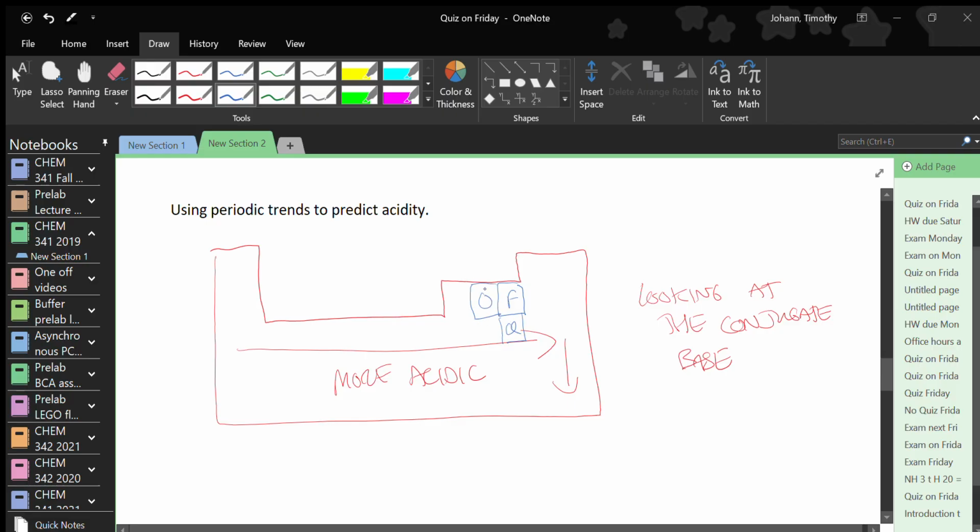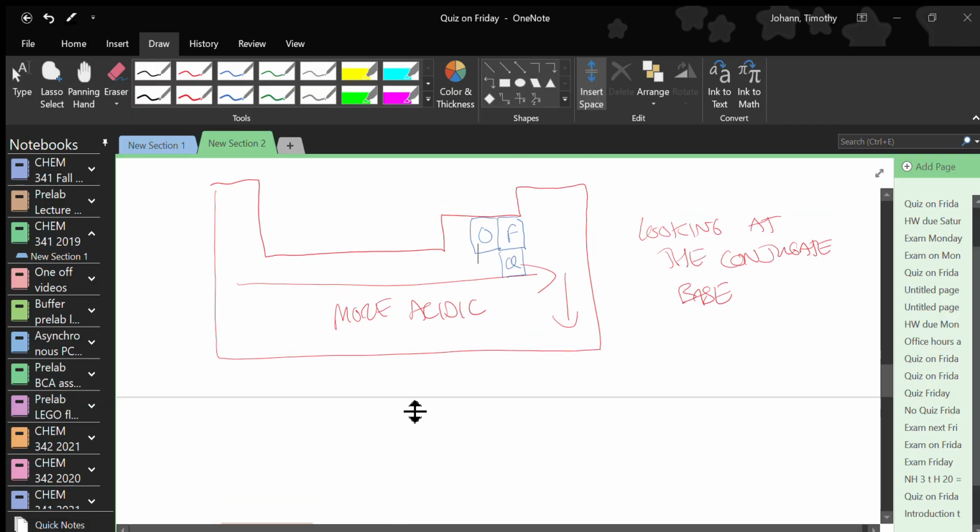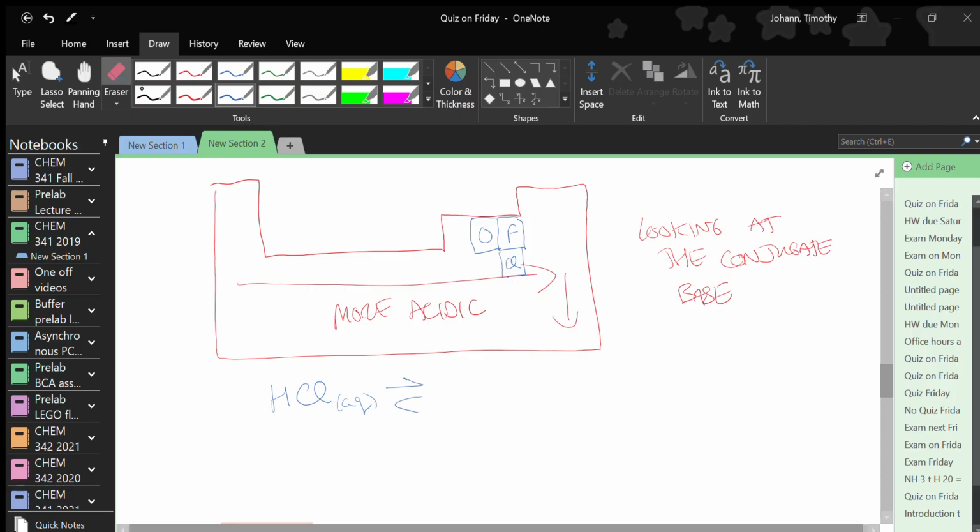Oxygen is here. All right, if we think about a couple different acid-base reactions, we could think about hydrochloric acid. Hydrochloric acid, we know it's a strong acid, so we're going to draw it like this: H plus Cl minus.